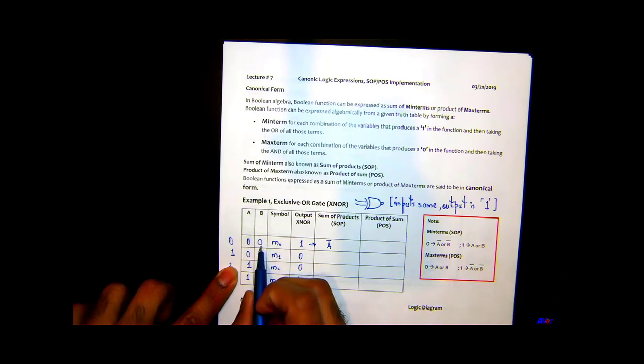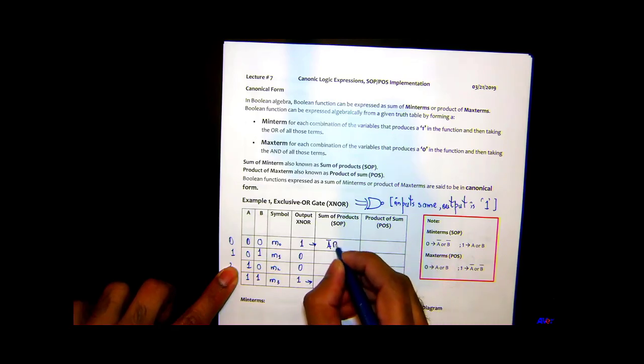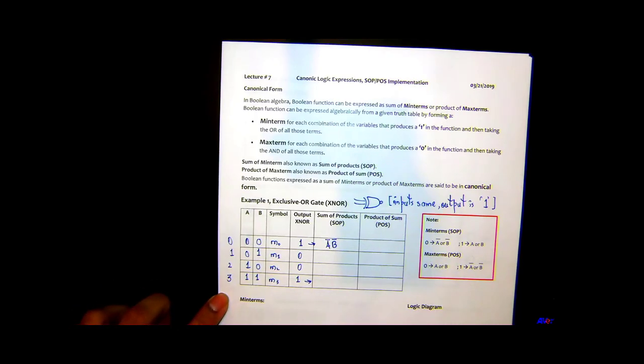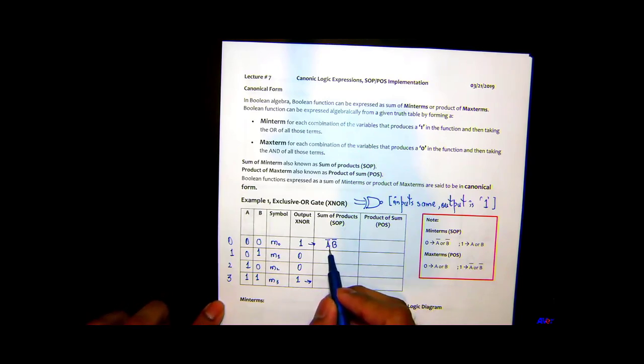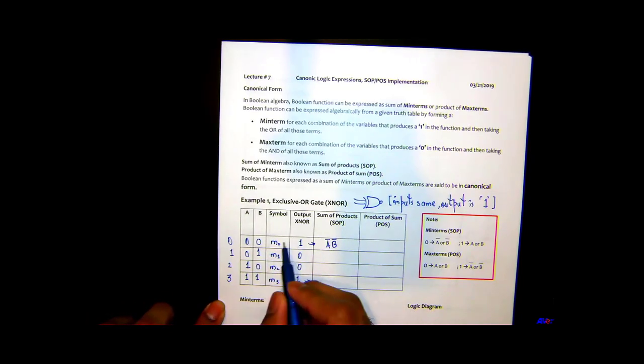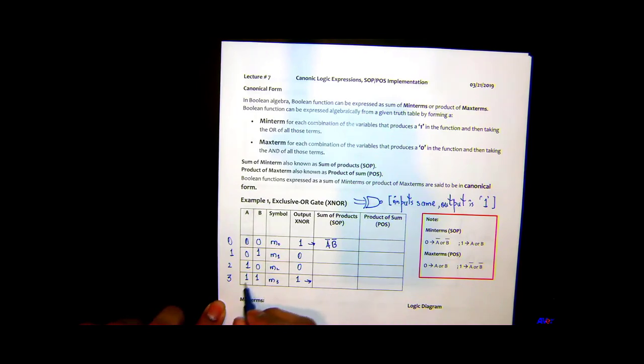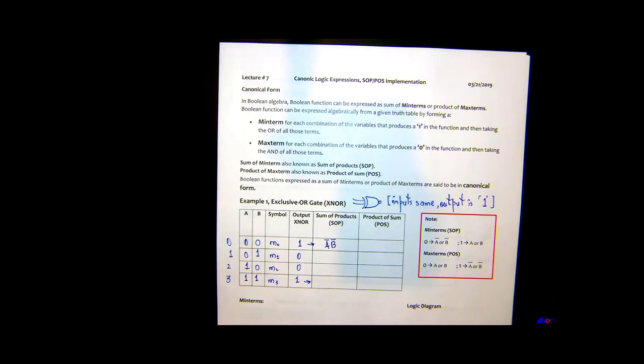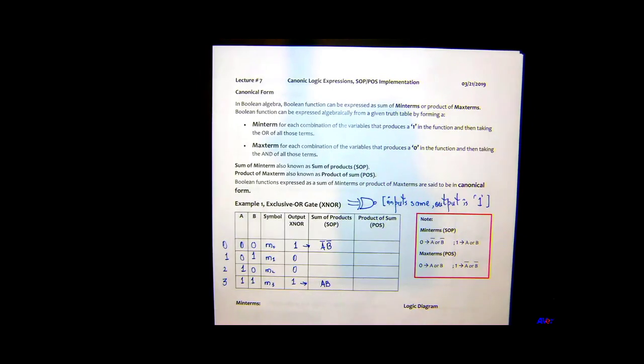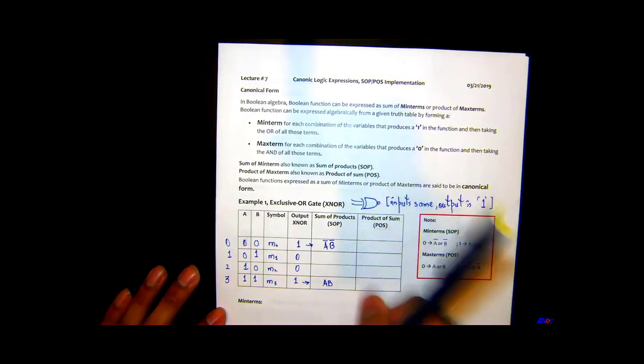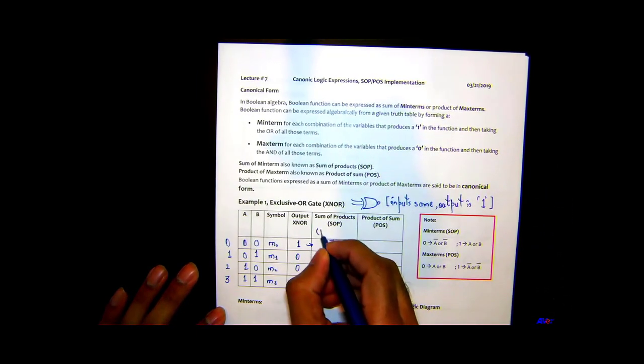And what about B here? This is going to be B bar also, right? So it will actually make an AND gate. Notice the product is actually going to make an AND gate for each of the outputs which is high. How about this? What is going to be the expression for this 1, 1? Yes? AB, correct. AB. Okay, all right. So these are the minterms right here.